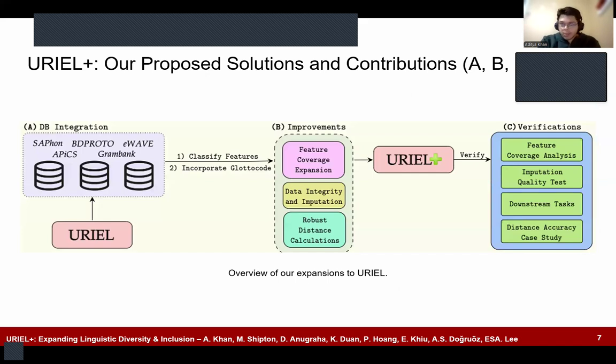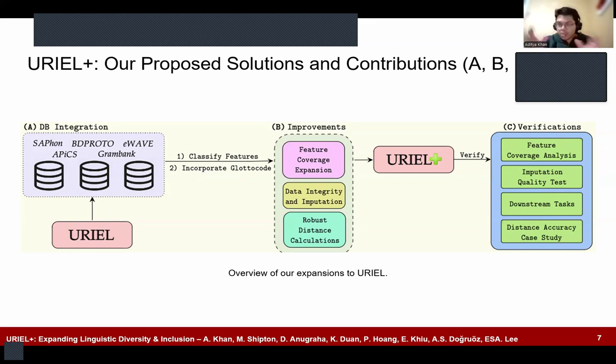So in URIEL Plus, we have, I guess, three contributions that we can talk about, A, B, C. We have integration of more databases into the URIEL Plus knowledge base. What this means is that remember that we have feature vectors, for instance, for each of the languages.